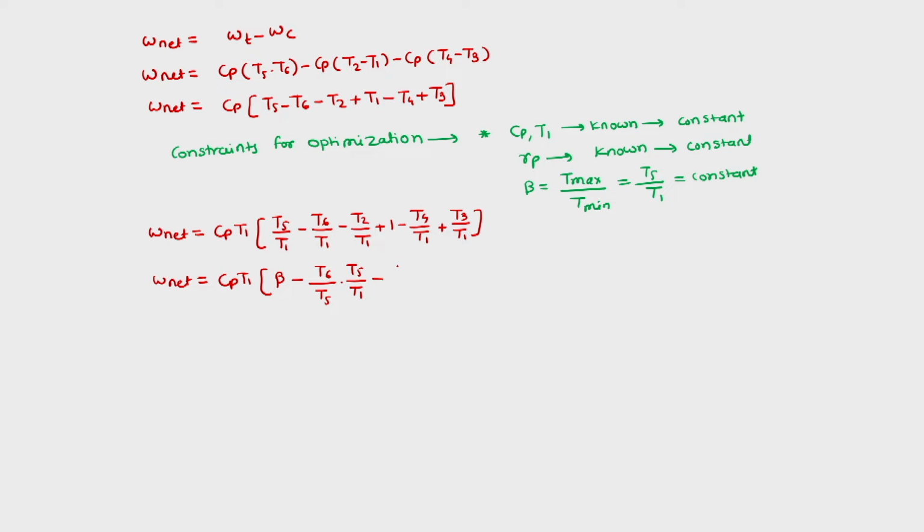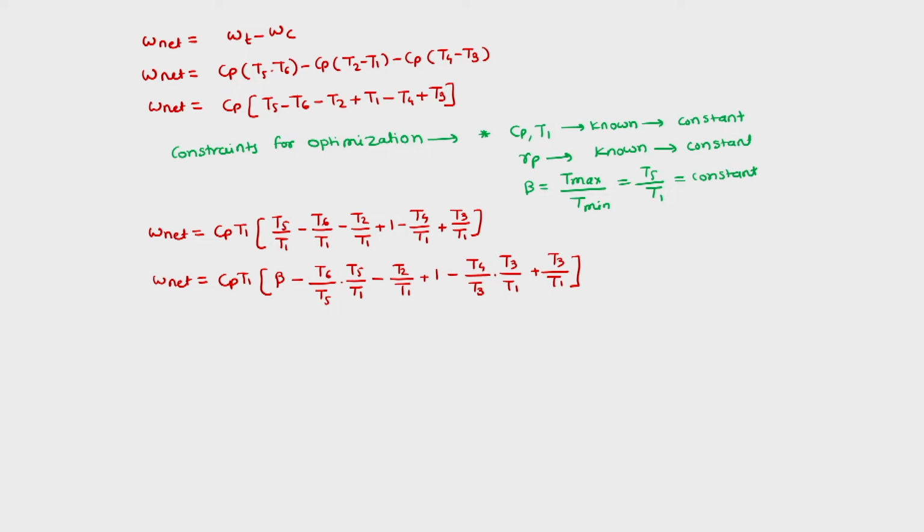Plus minus T2 by T1 plus 1, minus T4 by T1. So we will write T4 by T3 into T3 by T1, and plus T3 upon T1.